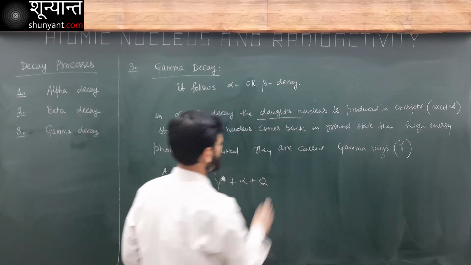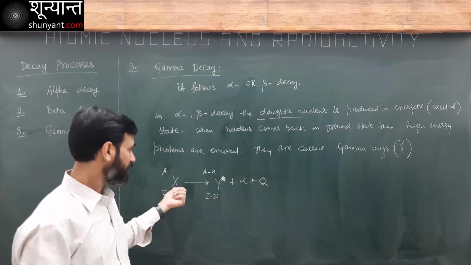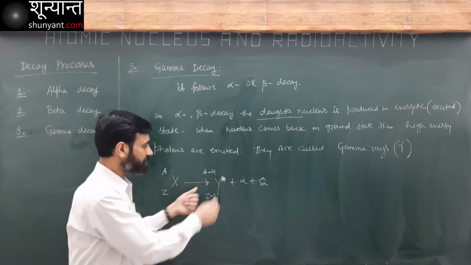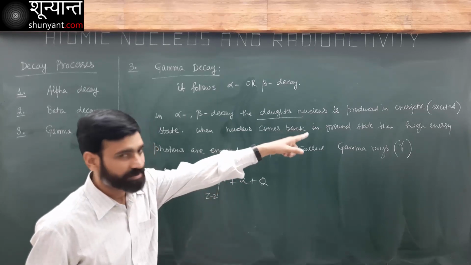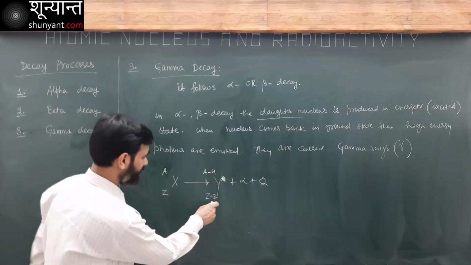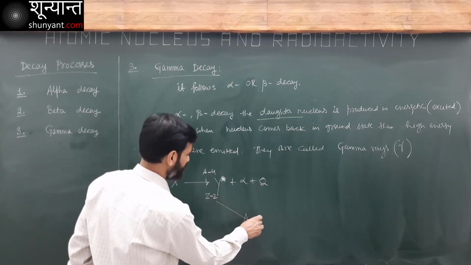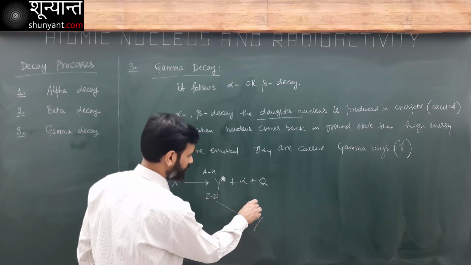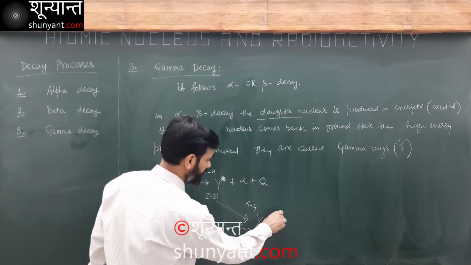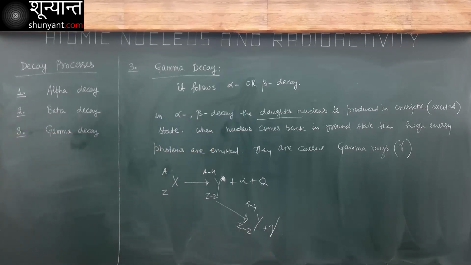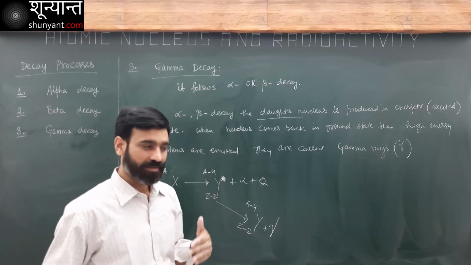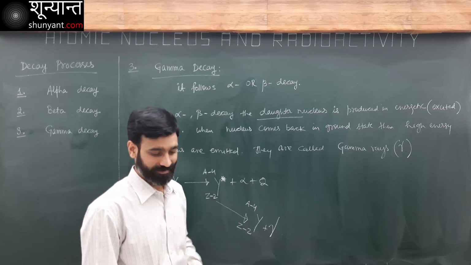This is a parent nucleus. The parent nucleus undergoing a decay process becomes a daughter nucleus. Now this daughter nucleus is in an excited state, so it is going to come down. When it comes down, it comes into its normal ground state. Everything remains the same, mass number, atomic number, plus gamma rays are emitted. So gamma decay is not a separate process, it follows alpha and beta decay.